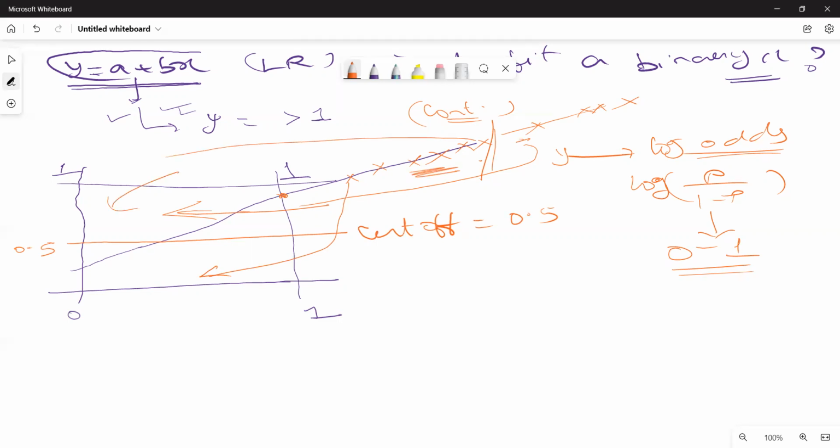So now I can easily say that these numbers belong to the negative class, and anything which is greater belongs to the positive class. So that is the reason why we don't use the linear regression equation in binary classification or logistic regression, because it exceeds the limit of 1. Clear?